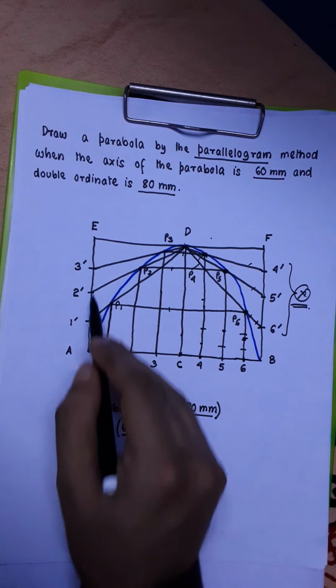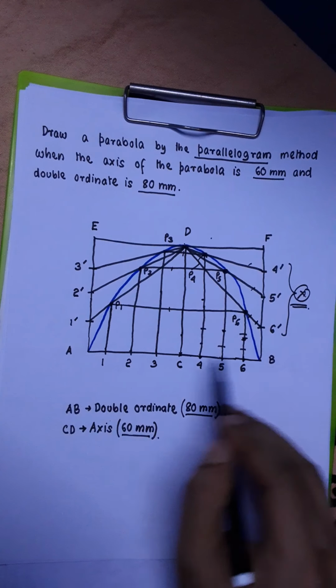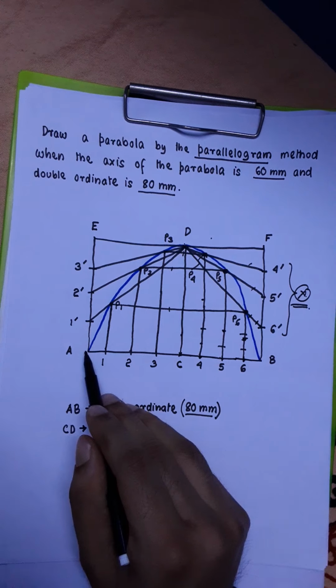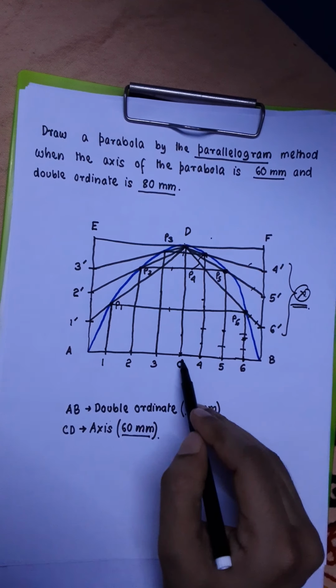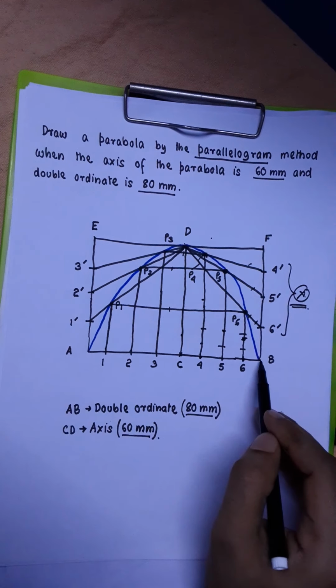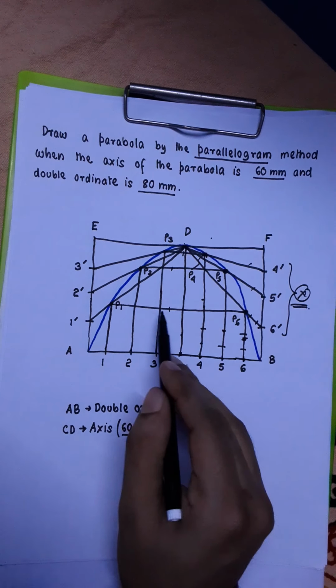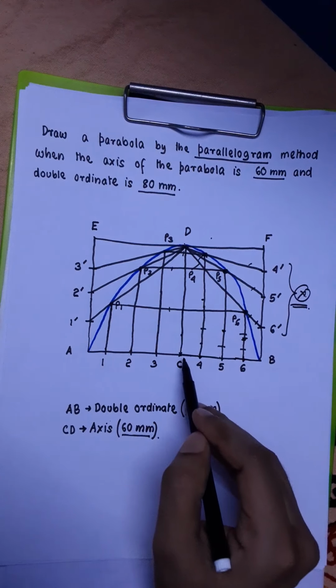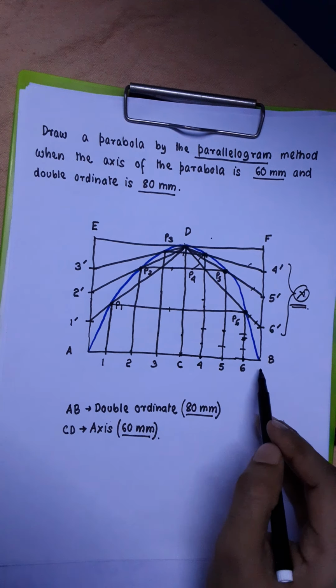After constructing this rectangle AEFB, you will find that the rectangle is already divided into two equal halves, namely AEDC and CDFB. So one half of the parabola will be present in the portion AEDC and the remaining half of the parabola will be present in the portion CDFB.